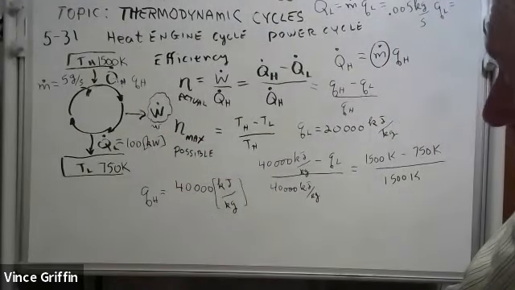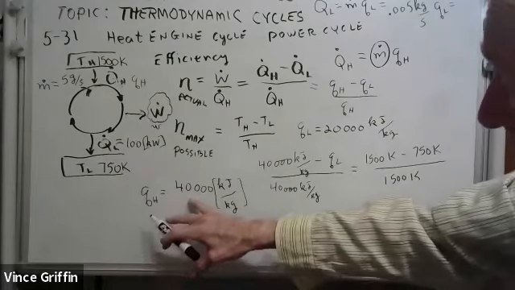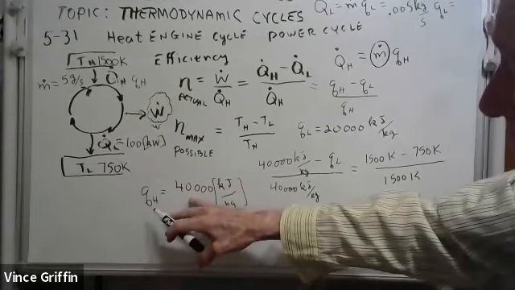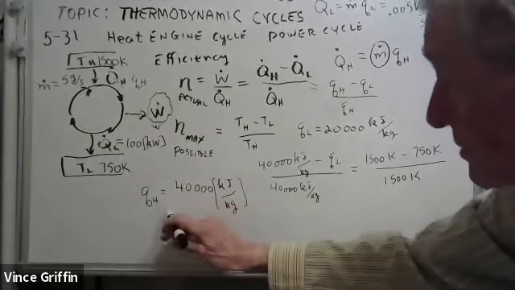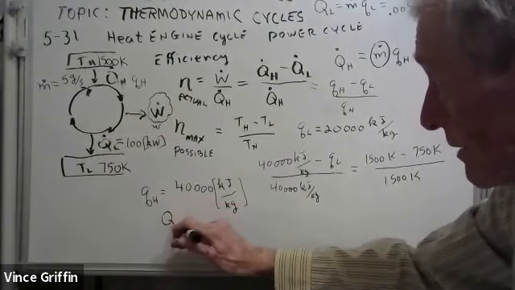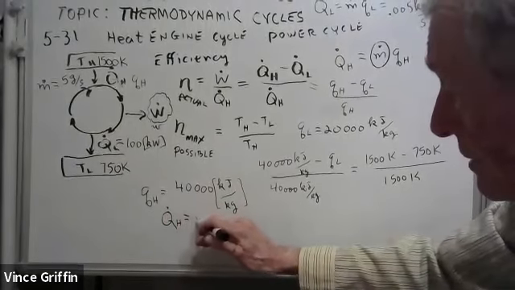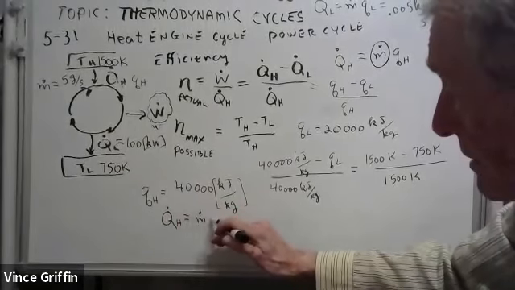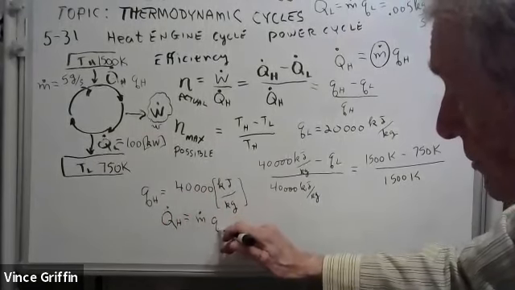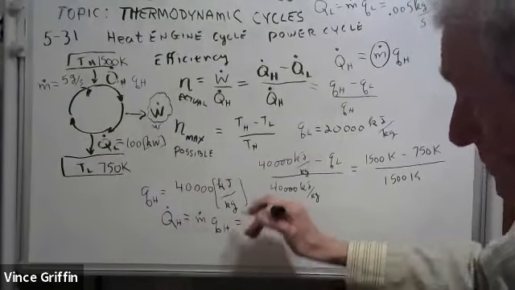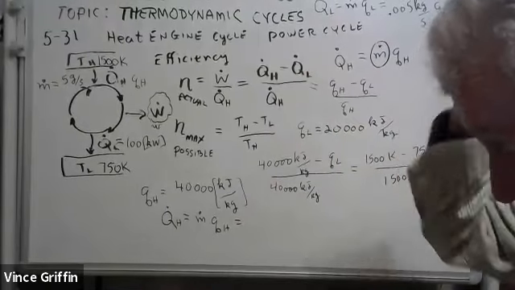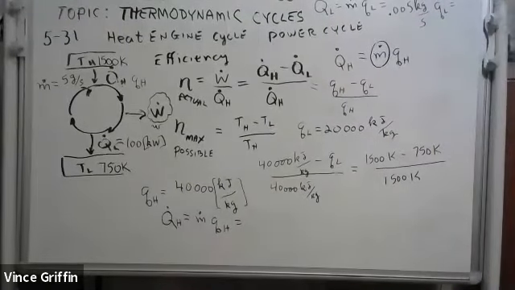Then what? Well, we already know this. We probably should write it though as QH dot. See, QH dot is going to be the m dot times the little qH. Well, let me do that. So take 40,000 times 0.005.